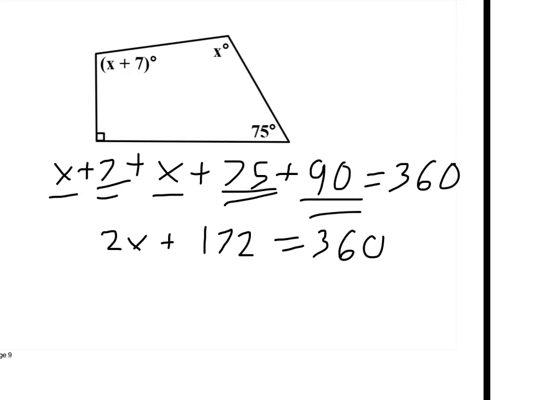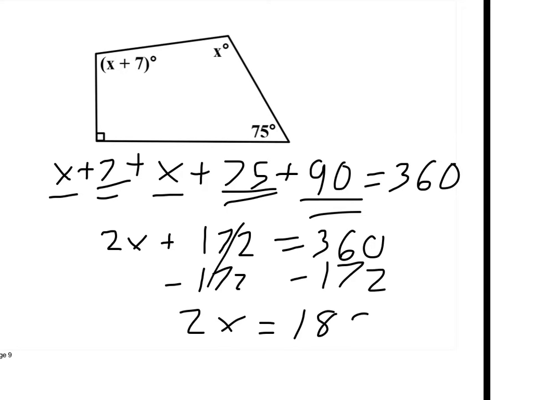Then we're trying to find x. The first thing I do is subtract 172 from both sides. I get 2x is equal to 188. Then I divide both sides by 2. x is equal to 94. So that's one of the missing angle measures.